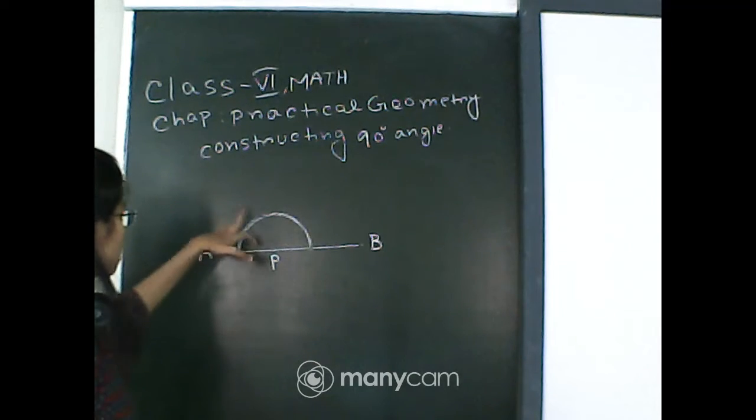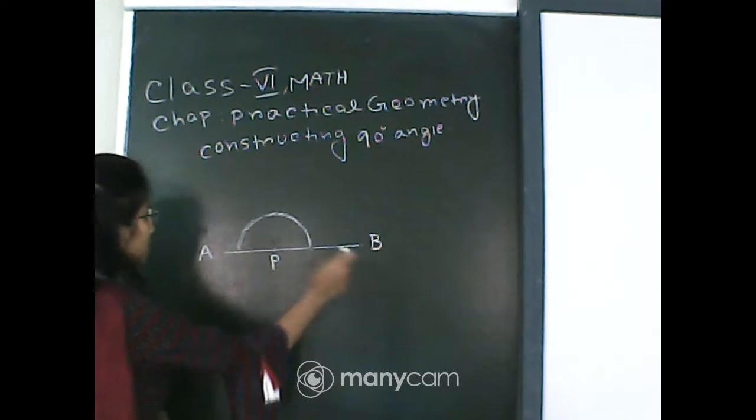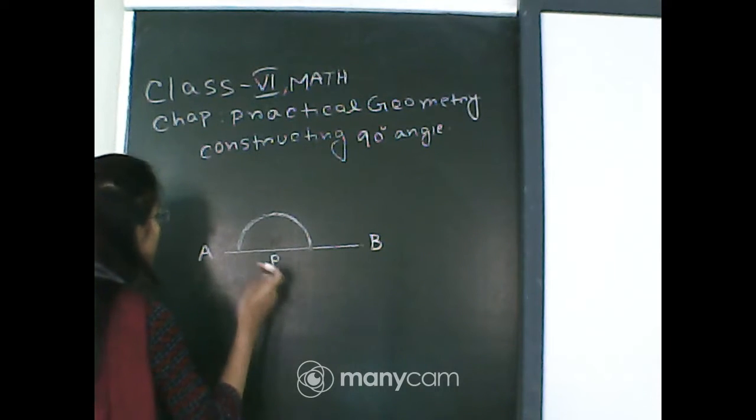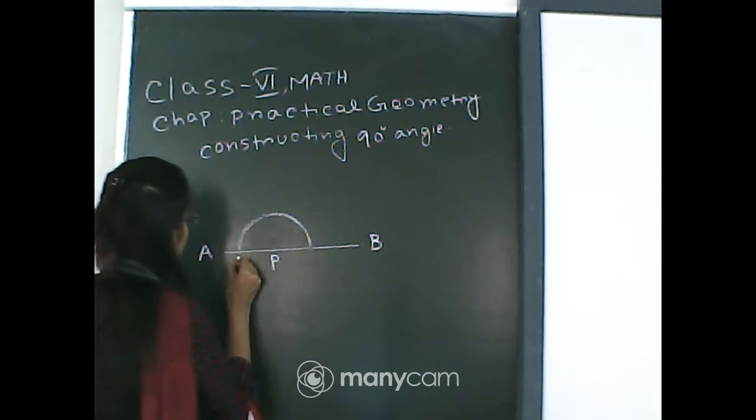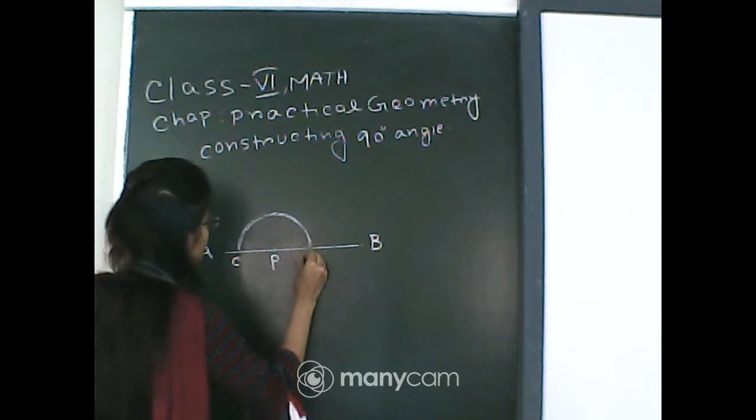Suppose this arc cuts the ray or line AB at 2 points C and D.